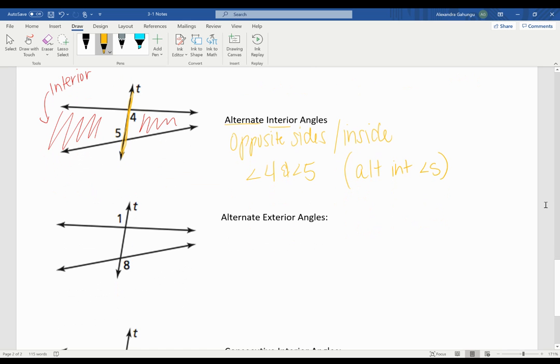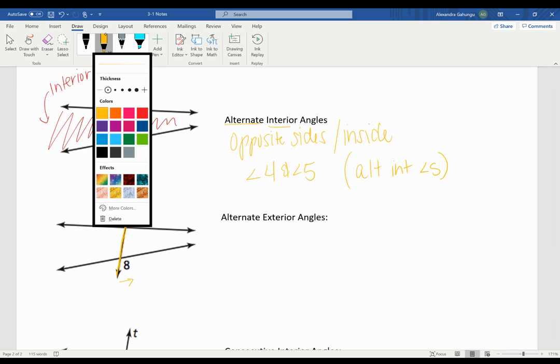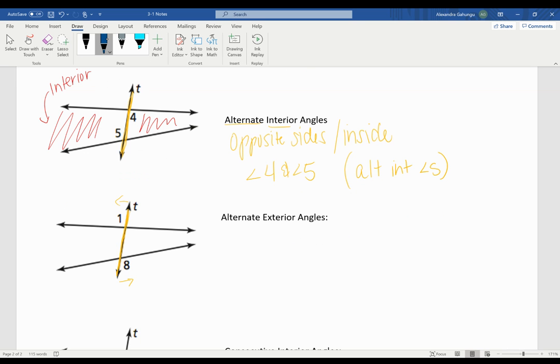Alternate exterior, very similar. We're using the same language. Alternate, again, means they're on opposite sides of my transversal, and now they're on the exterior. So they're on the outside of my lines. So this is considered the exterior.